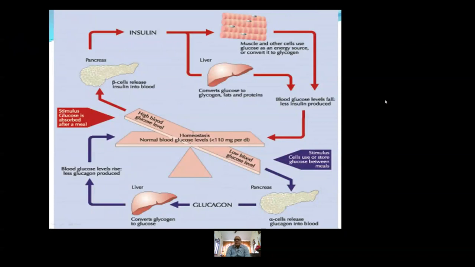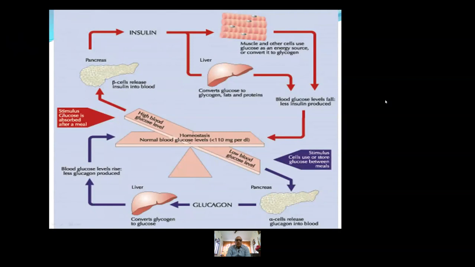First, in muscle and other cells, which use glucose as an energy source or convert it to glycogen, and it acts on the liver, which converts glucose to glycogen, fats, and protein. Blood glucose level is thus maintained, and less insulin is produced.